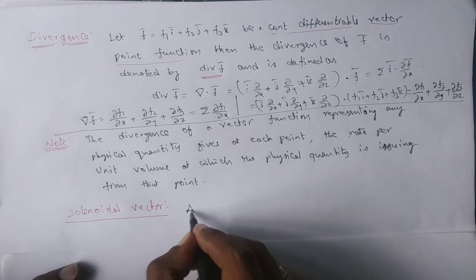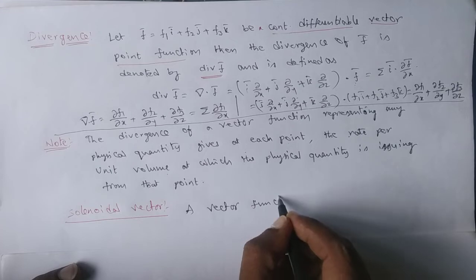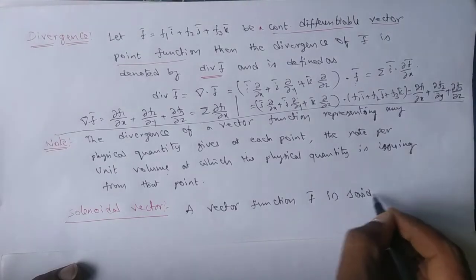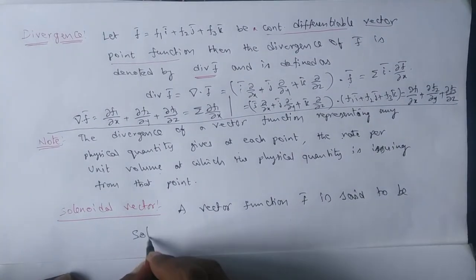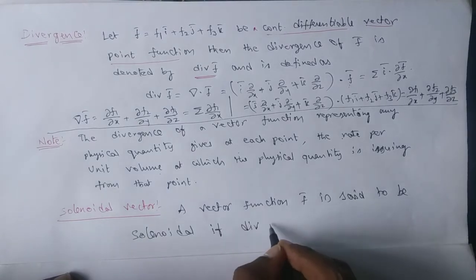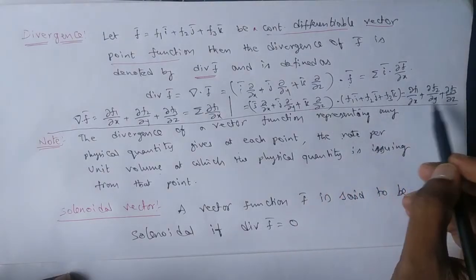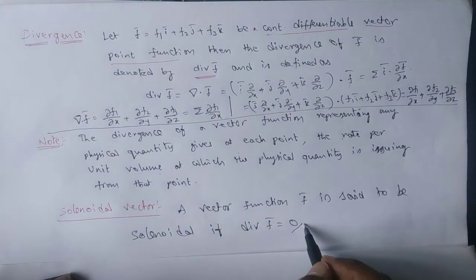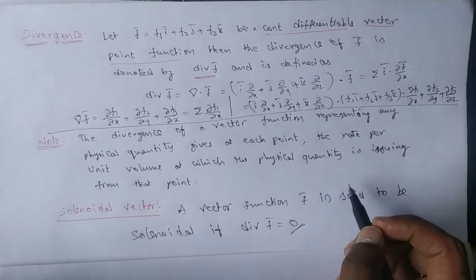A vector point function f bar is said to be solenoidal if div f bar equal to 0. Since div f bar is only a scalar quantity, if div f bar equal to 0, then that vector point function f bar is called a solenoidal vector function.